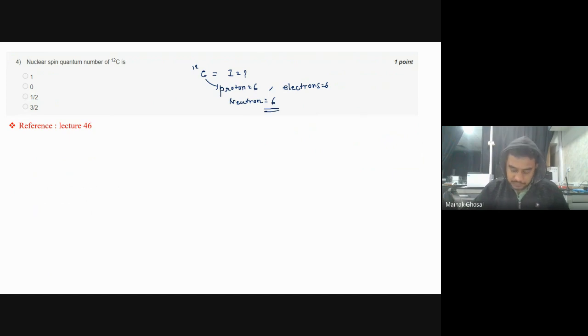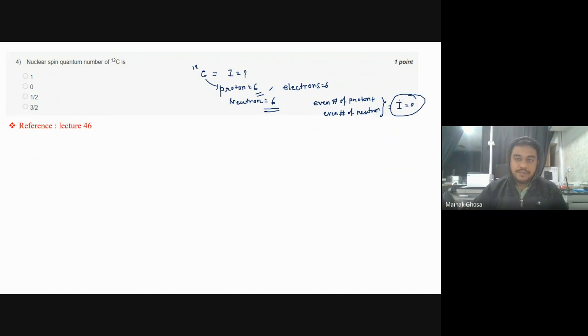So you see, it has 6 protons, 6 electrons, 6 neutrons. And we have discussed that for an atom which has an even number of protons plus an even number of neutrons, if this condition is satisfied, then its nuclear spin will be 0.